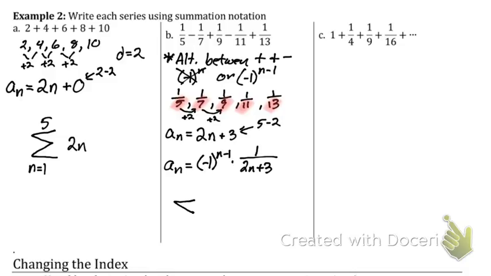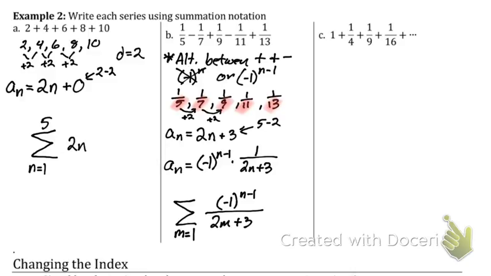So my series notation is going to be, let's change it to m. m equals 1. I'm going to move that negative 1 to the top. And I'll have 2m plus 3. I'm going to count how many terms I have. I have 1, 2, 3, 4, 5 terms.